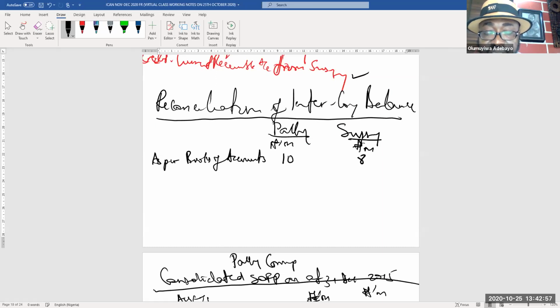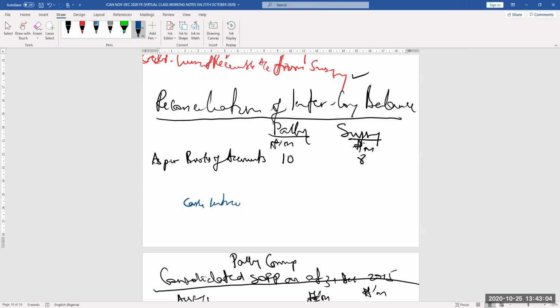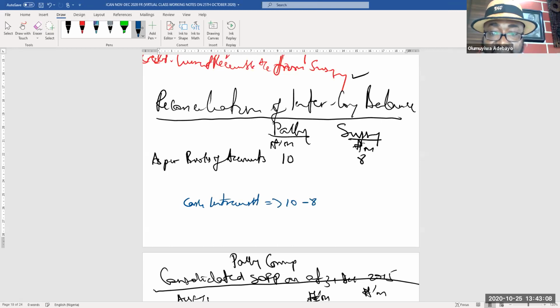This was 8. Now, information reaching us says that there's cash in transit, and that cash in transit is the difference between 10 and 8, which is 2.